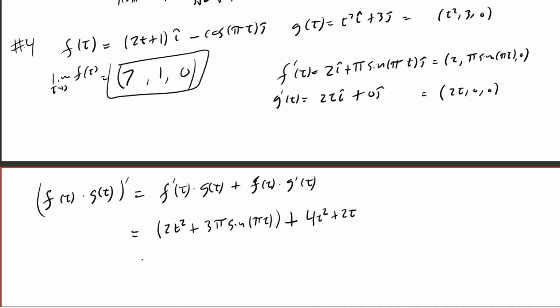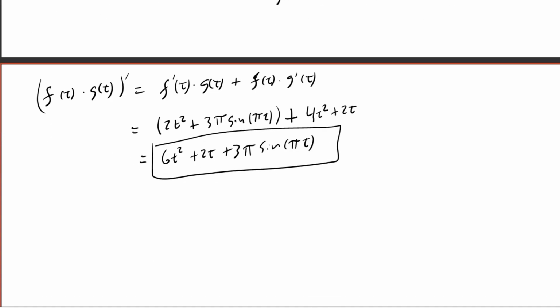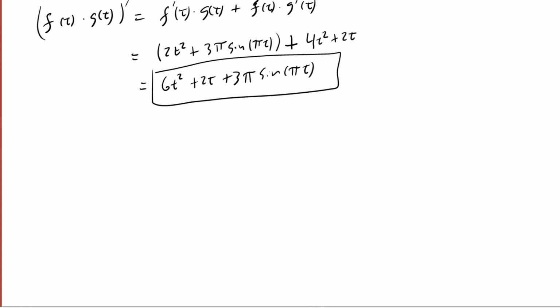So this is 6t squared plus 2t plus 3 pi sine pi t. That's all for that one.